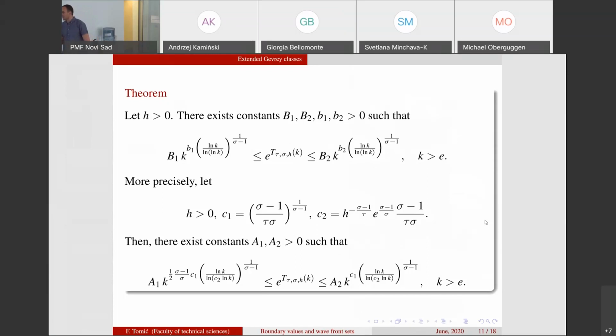So we have L_k, a product of L_k's. Somehow this holds, and of course this is just a variant. So if we have these constants here, we don't mind about this C2 constant because this behaves like this. So actually this here is the most important part.